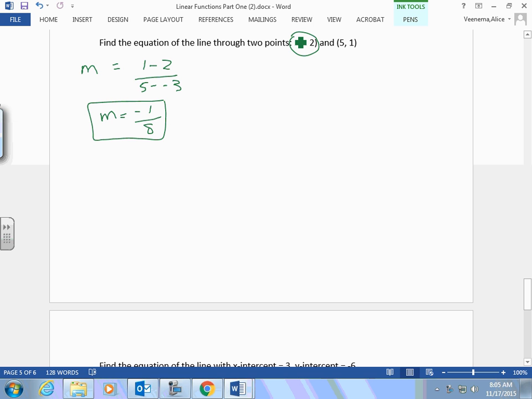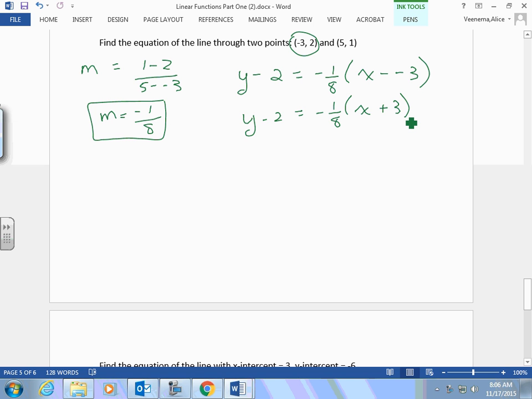Okay, so y minus 2 equals negative 1/8 times x minus negative 3. So y minus 2 equals negative 1/8 x plus 3. So now it's in point slope form.